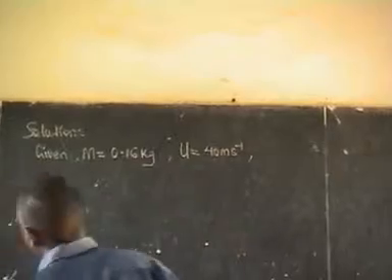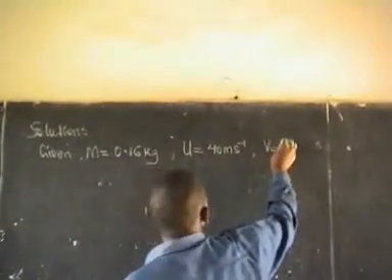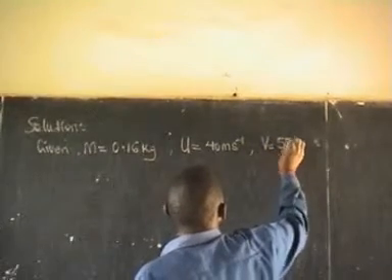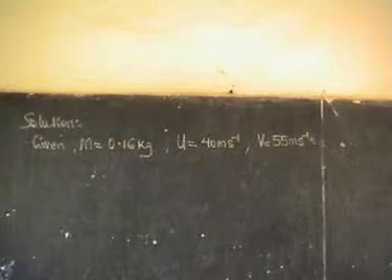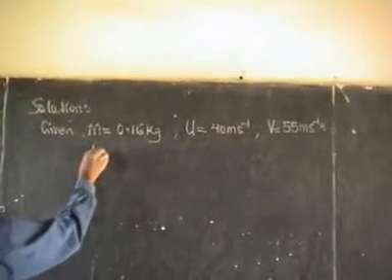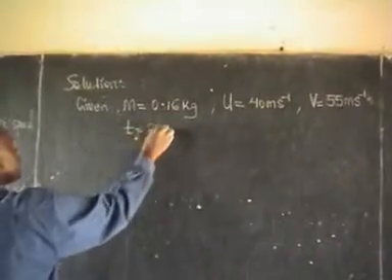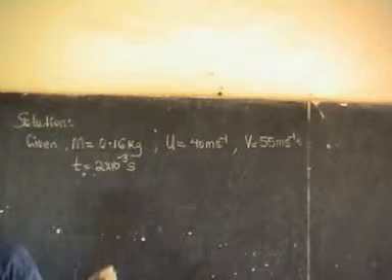It is hit back, so the final speed is 55 meters per second. And again we are given the time t, 2 times 10 to the power negative 3 seconds.